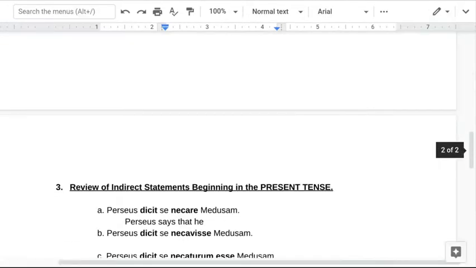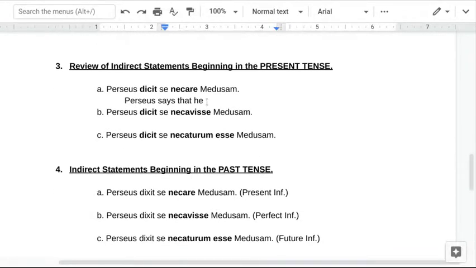So we want to translate it in the present tense. Perseus says that he kills Medusa. It doesn't sound right. He is killing, you could say. Of course, Medusa was the monster with the snake hair that he killed.